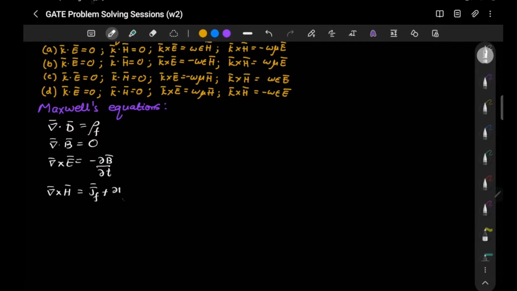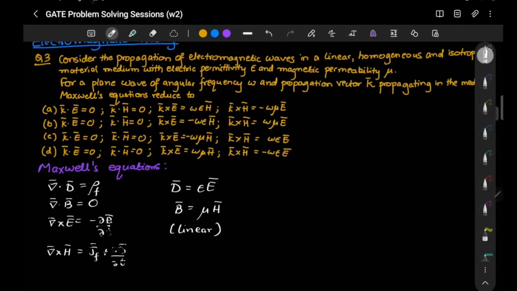So now for the medium, we have this electric displacement vector D written as epsilon times E, and B is mu times H. Now why are these relations true? This is true only for a linear medium, and we are given that we have a linear medium right here.